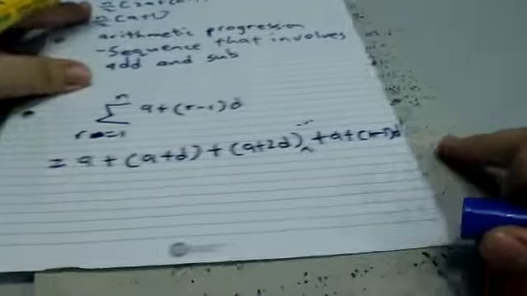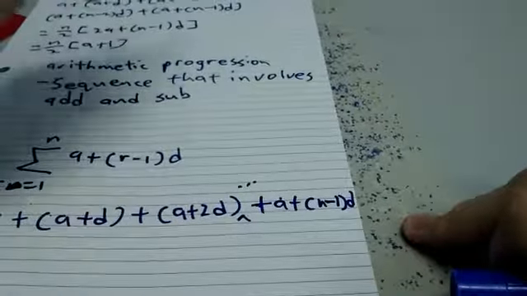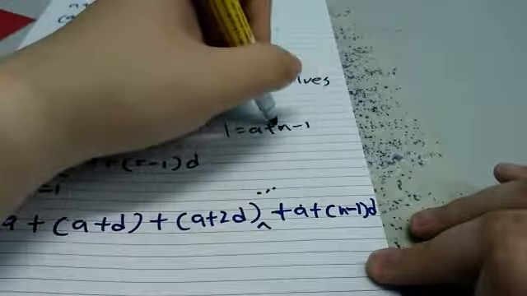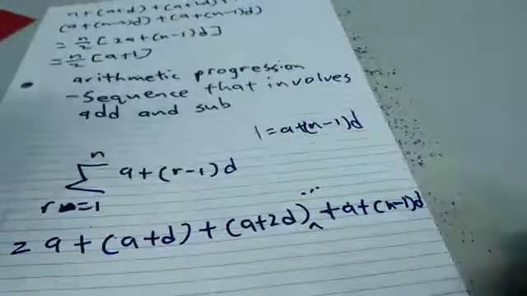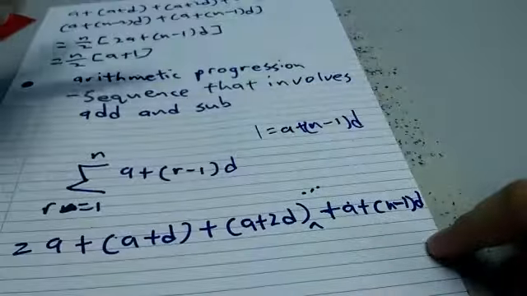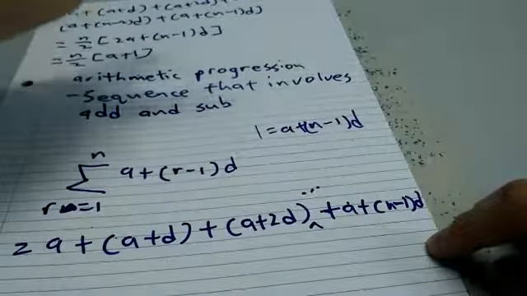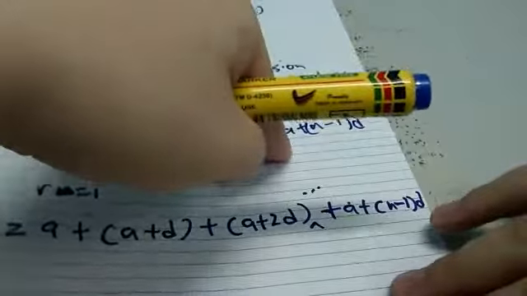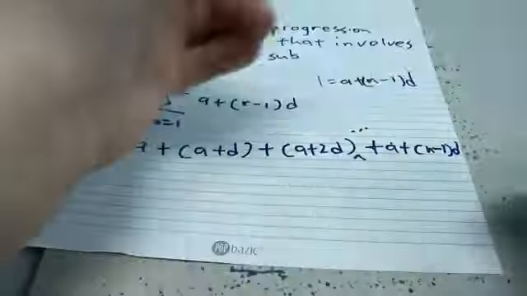And I am going to let L equal a + (n - 1)d, where L is the last term. It makes sense because L represents the last term for the first n terms of the arithmetic progression. Now if this is n - 1, then the previous one is n - 2.